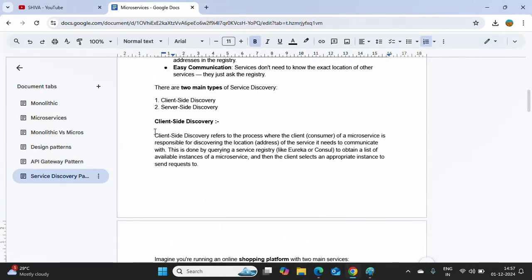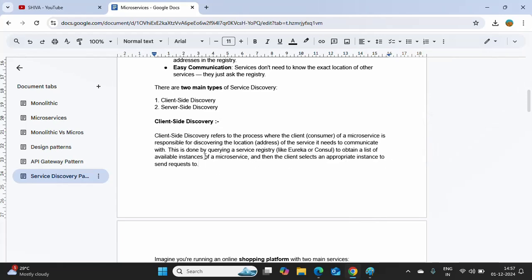Client-side service discovery refers to the process where the client of a microservice is responsible for discovering the location of the service it needs to communicate with. This is done by querying the service registry to obtain the list of available instances of the microservice, and the client selects an appropriate instance to send the request to.